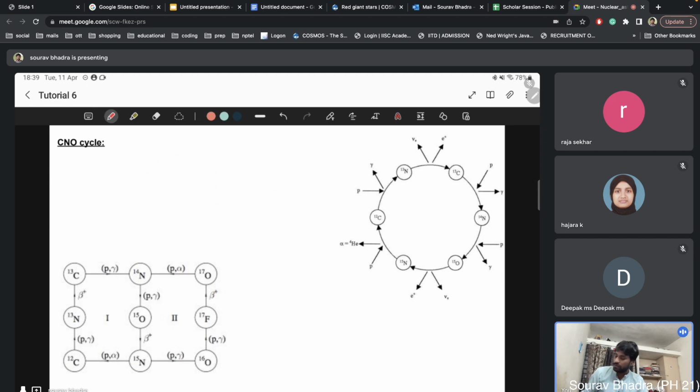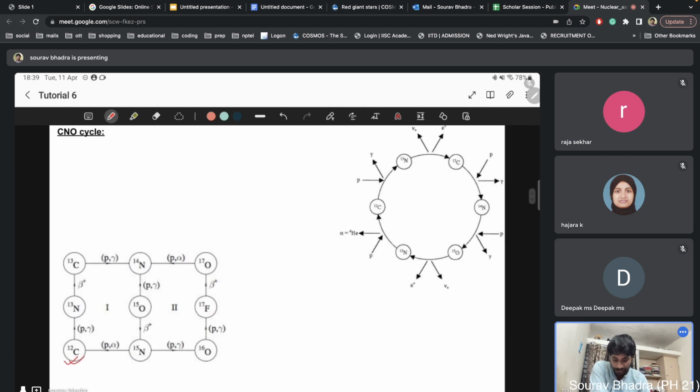So 3 helium nuclei or 3 alphas can react and create carbon-12. One thing you can ask is that till now we have considered only that helium has been produced, and 3 helium combine into a carbon nucleus by the triple alpha reaction. I will come to the triple alpha reaction later.